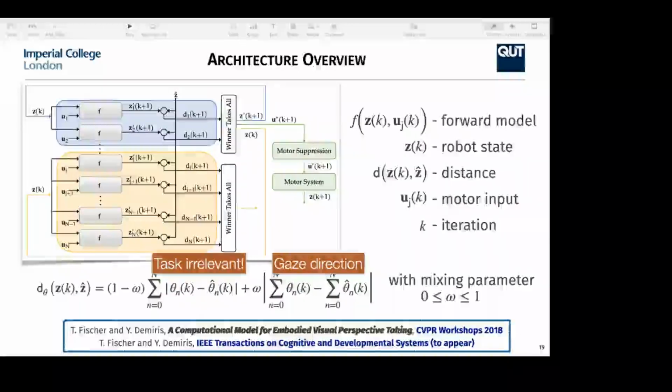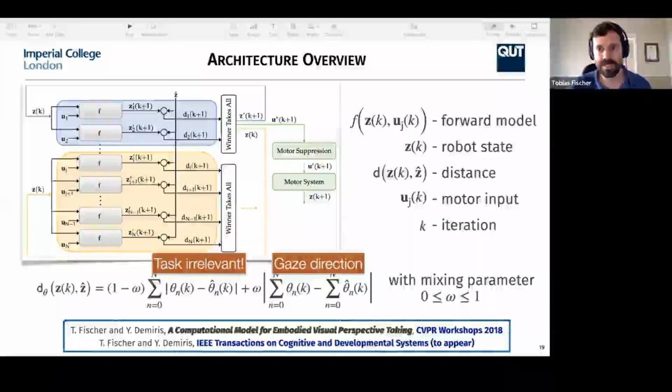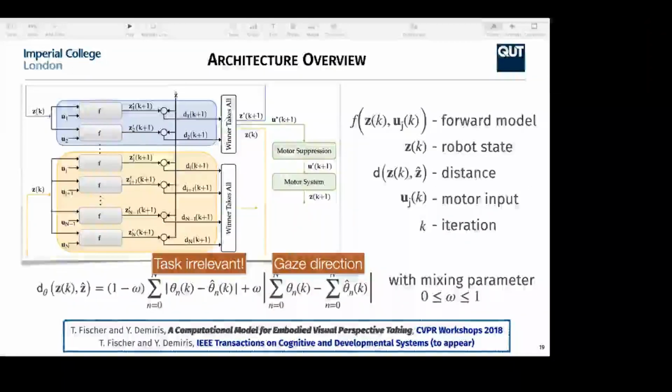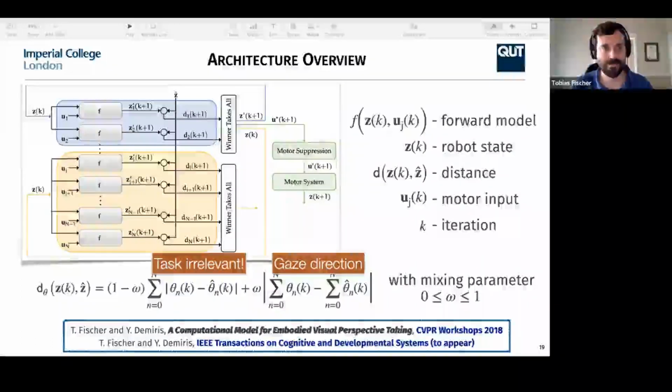How are thetas related to Z's? Oh, right. Sorry, it's actually not in this slide. Very sorry for that. The thetas are the rotation contained in the Z's. So Z is X, Y, theta. That's a good point. Okay, thank you.